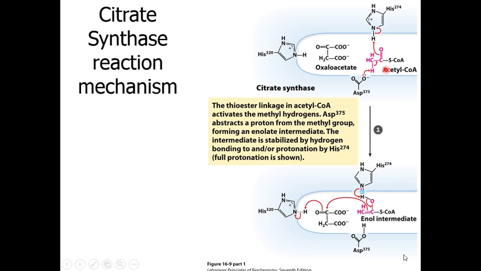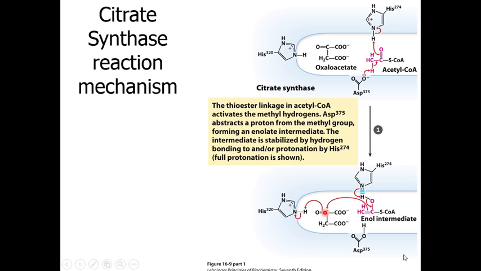And the carbonyl then abstracts a proton from histidine 274 to which it hydrogen bonds. Once the enol intermediate is polarized, electrons are pushed back, and this acts as a nucleophile to attack this carbonyl of oxaloacetate, which then takes up a proton from adjacent histidine, which acts as a general acid.